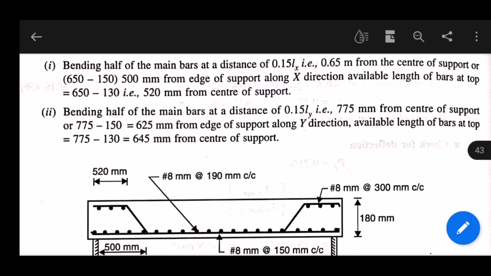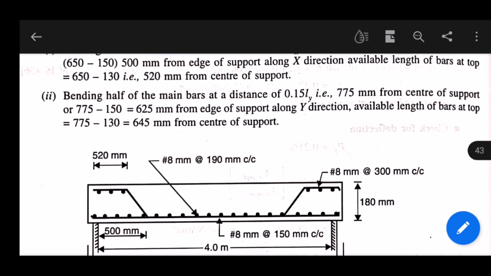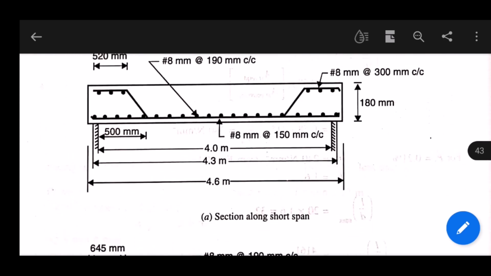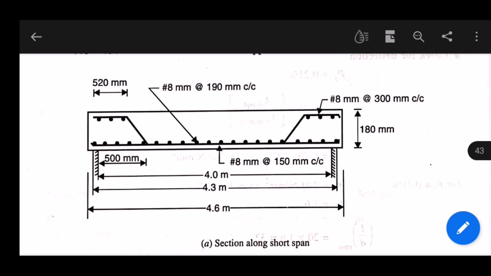So regarding this reinforcement arrangement, we have to draw the figures. So this is a longitudinal section of the short span. You may see the drawing here. From the drawing you can understand the overall length, the effective length, everything, and the distance of the bent up bar.